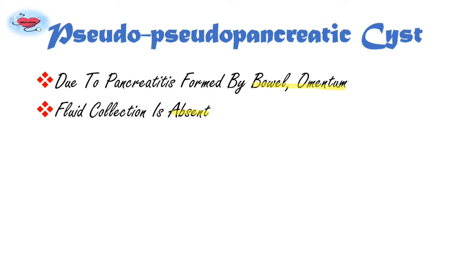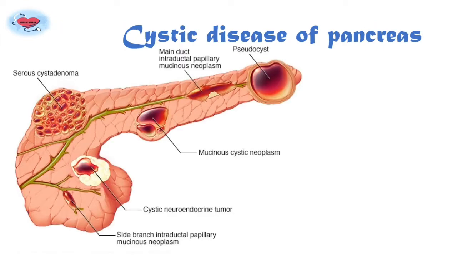Next, other cystic lesions of pancreas. Mainly there are four types: true pancreatic cyst, pseudocyst, cystic tumors of pancreas and hydatid cyst. We have discussed pseudocyst, and cystic tumors we will discuss in upcoming videos. True pancreatic cyst can be congenital or non-premalignant, and usually it is asymptomatic.